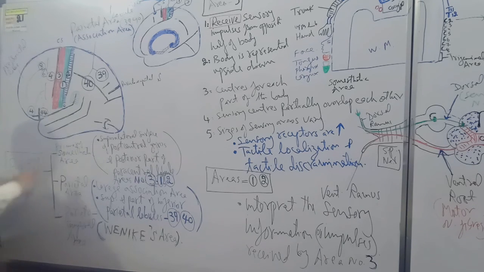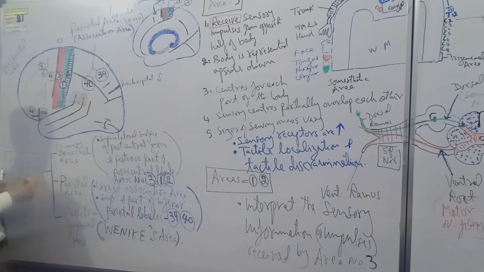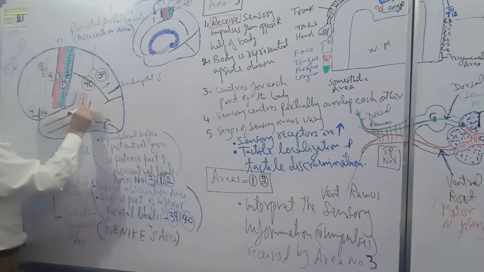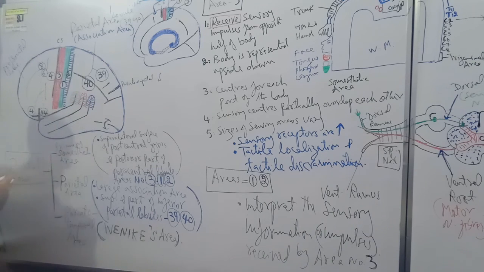Then again, the posterior part of the superior temporal sulcus, which extends to the inferior parietal lobule, is surrounded by a U-shaped gyrus. At the same time, the lower part of the inferior parietal lobule covers the posterior part of the central sulcus. So these are the gyri.